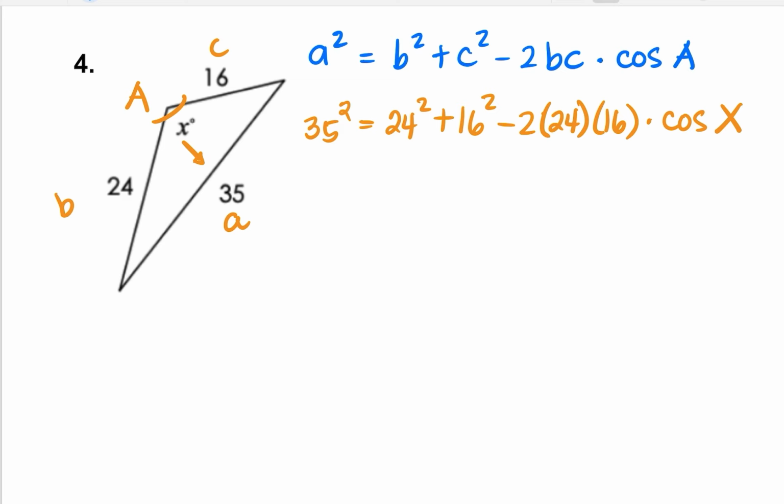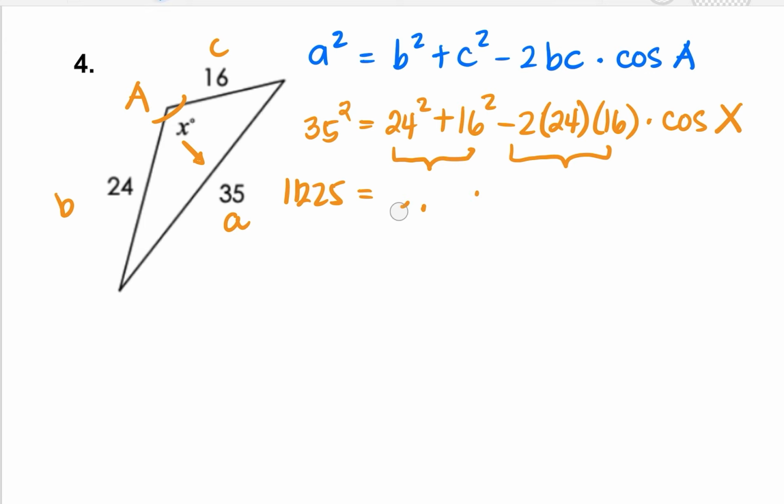Let's simplify. 35 squared is 1,225 equals, the sum of the squares of these two numbers is 576, and the product of these three numbers is 200. That would be, nope, not 200. Oops, sorry. I made a mistake.